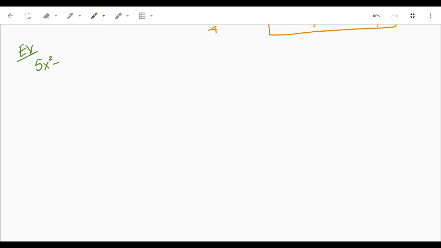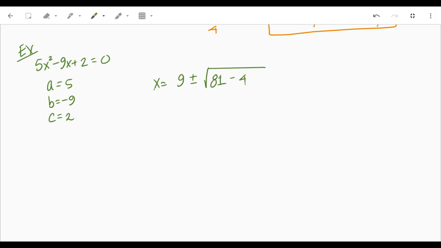5x squared minus 9x plus 2 equals 0. A is 5, b is -9, c is 2. X is the opposite of b, plus or minus the square root of b squared minus 4ac, all over 2a.